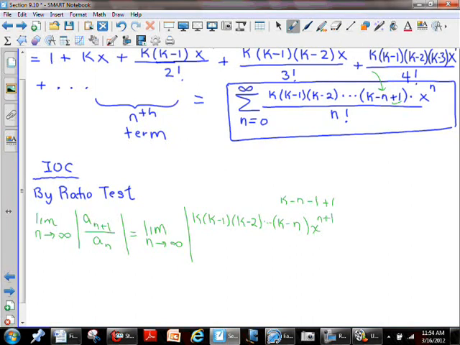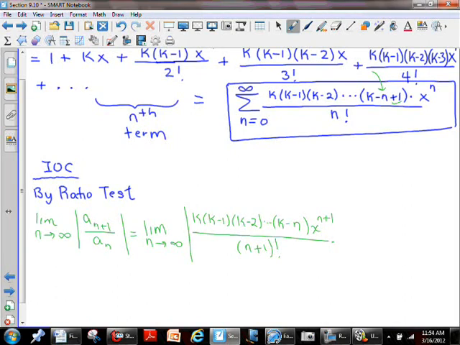I'm going to go ahead and get rid of this little step here so we don't get confused. And then the denominator is n plus 1 factorial. Okay, everything look good? I'm going to ask my class. I didn't make any mistakes yet, so we can continue on. Okay, so we're going to multiply by the reciprocal, right?